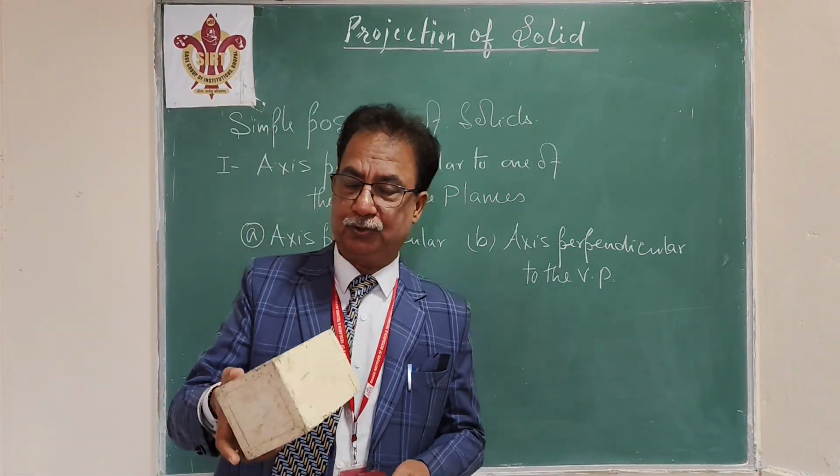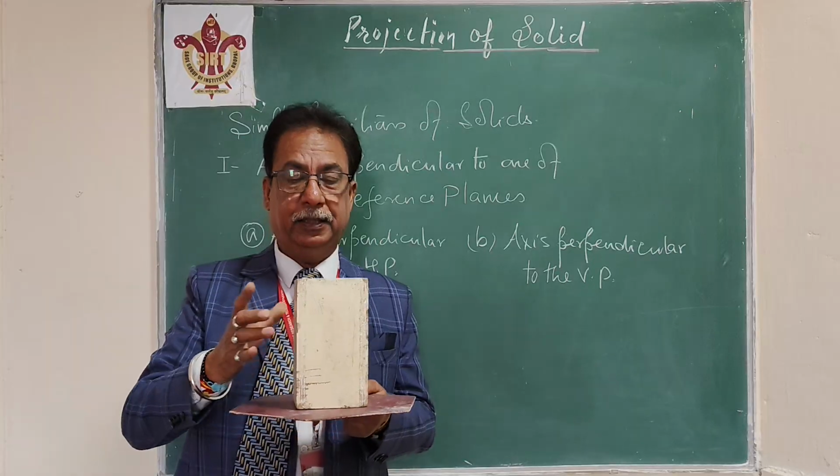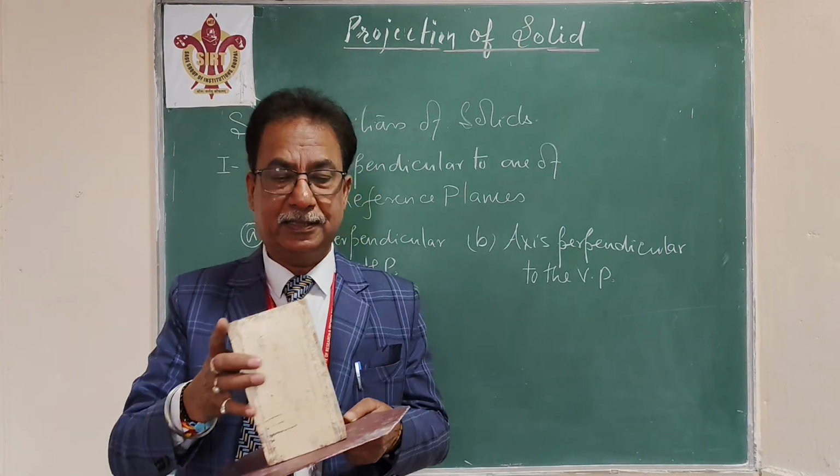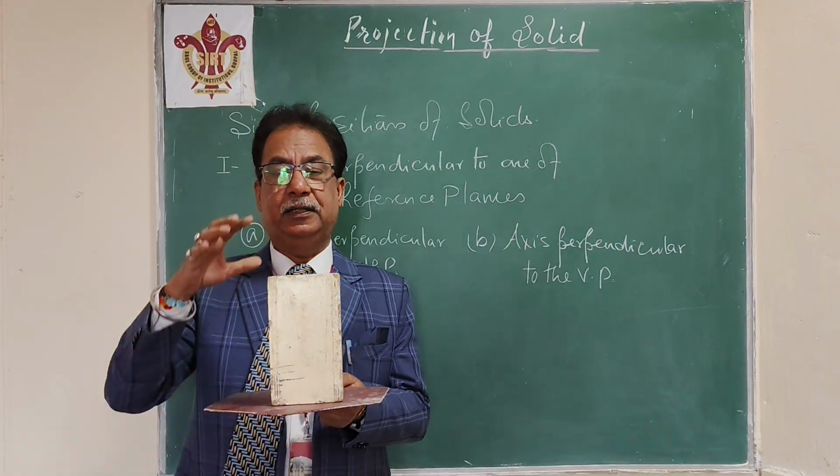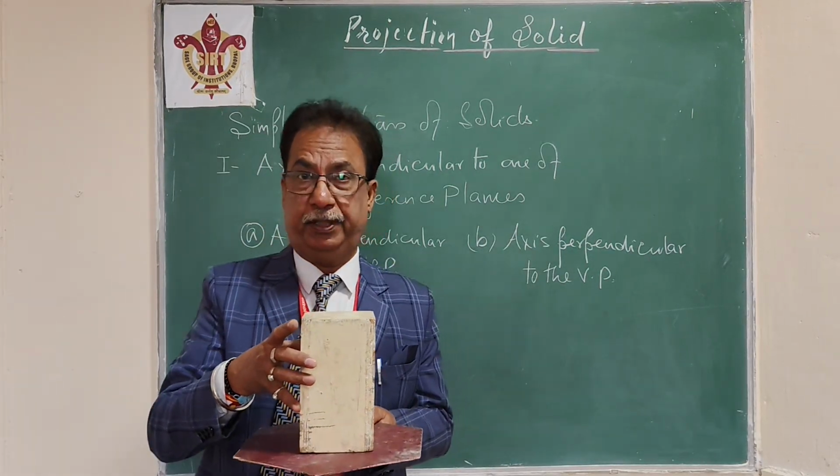If I want to show it again, I will take a solid which has an axis. Normally, a square prism is the simplest solid. If I keep it like this, and suppose this platform is the horizontal plane, then the base will be on the HP.